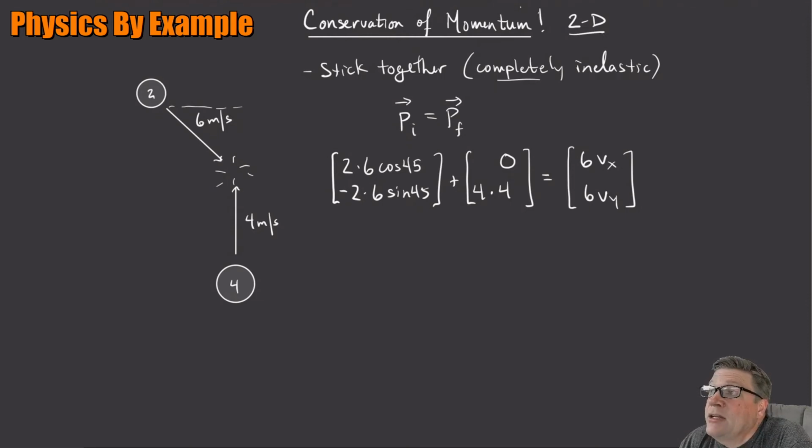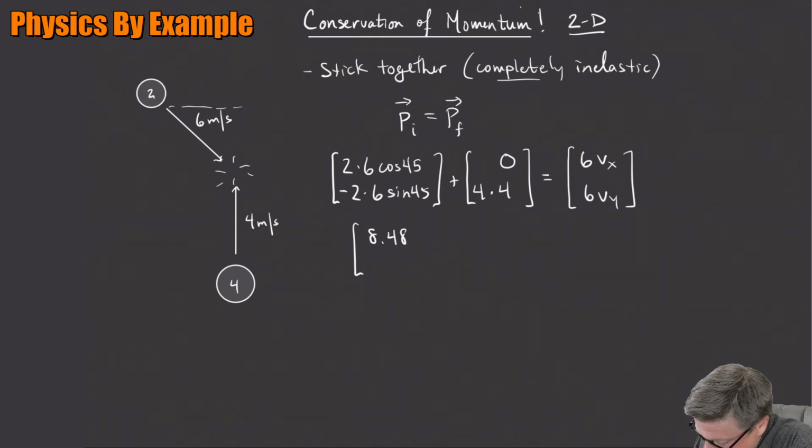All right, 2 times 6 cosine 45. What is that? Let's see, I did it already. That's going to be 8.48, leaving off the units. And on the bottom I get minus 8.48 plus 16.